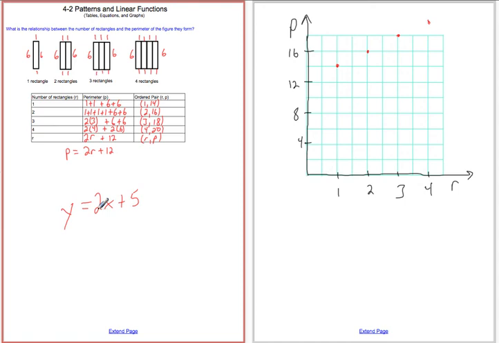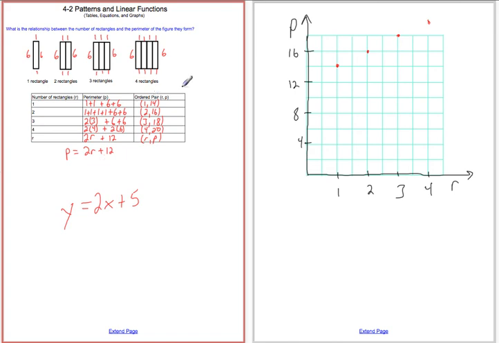So the inputs are all the values we plug in, in this case 1, 2, 3, and 4. The inputs are the values we plug in for the independent variable, and the outputs are what happens, 14, 16, 18, 20, what the dependent variable becomes. A function is a relationship that pairs each input value with exactly one output value.